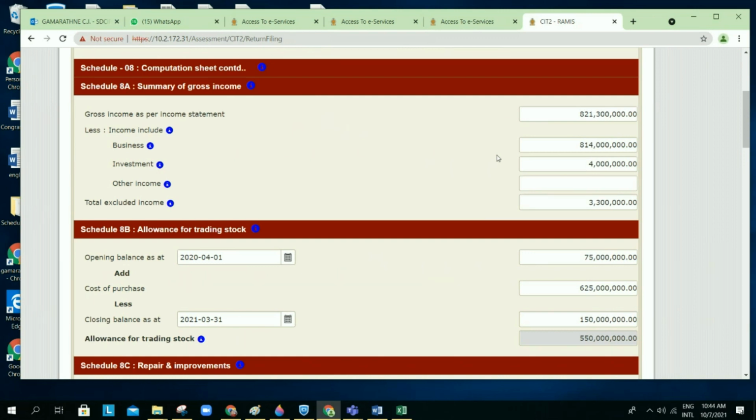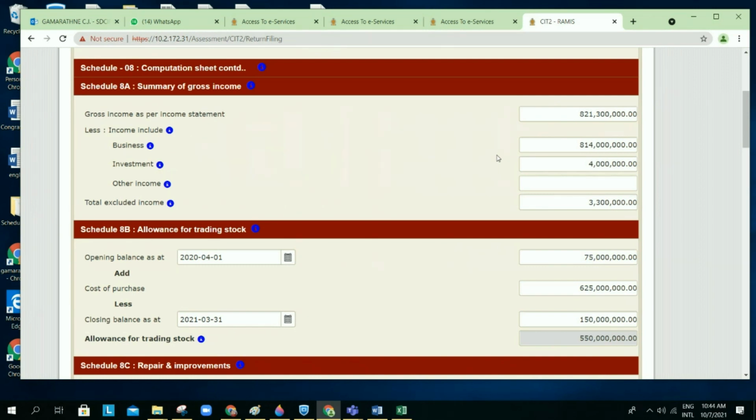We start with the gross income as per the income statement. Then under business income, we already identified 814 value, right? Excluding the exempt value. Later, we identify the 4 million for investment. Once we deduct the 814 million and 4 million, there was no value for other income.